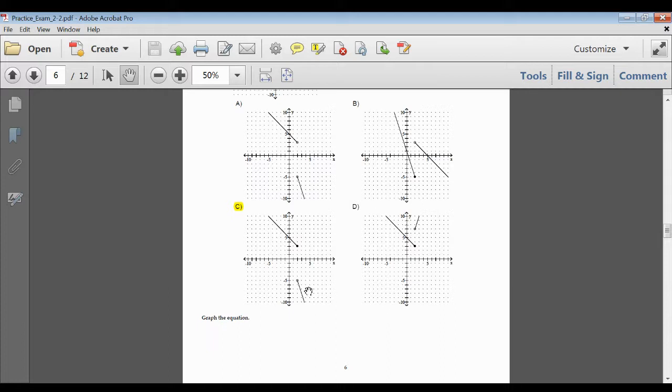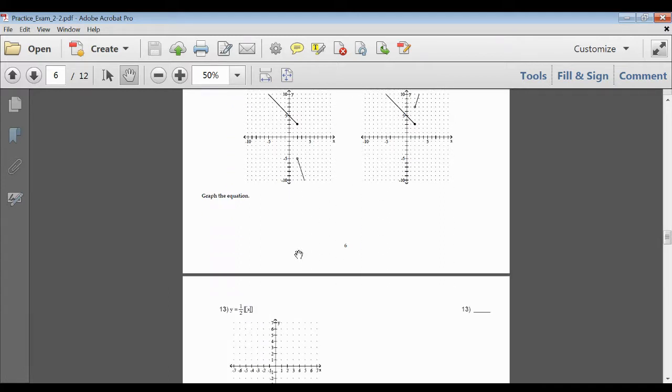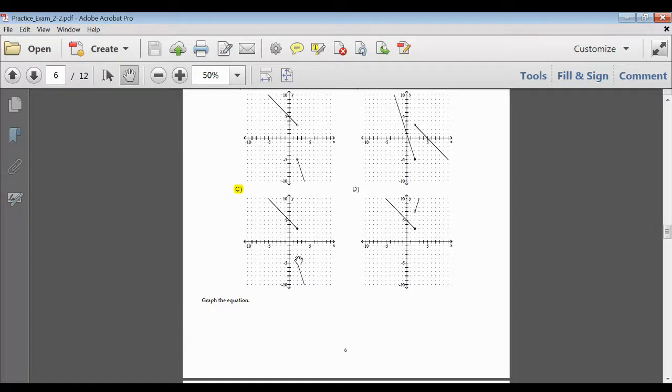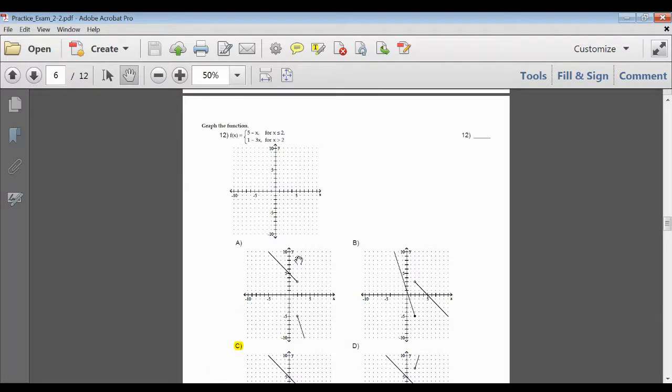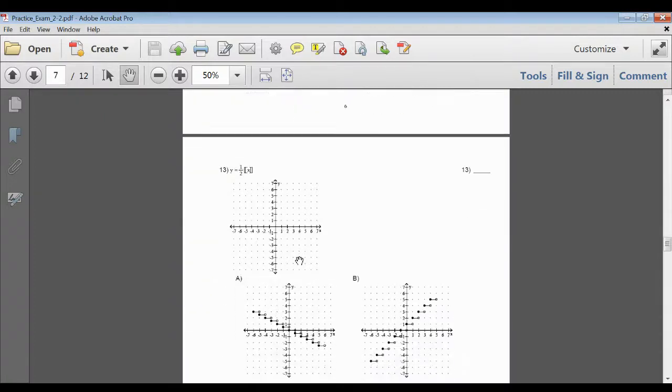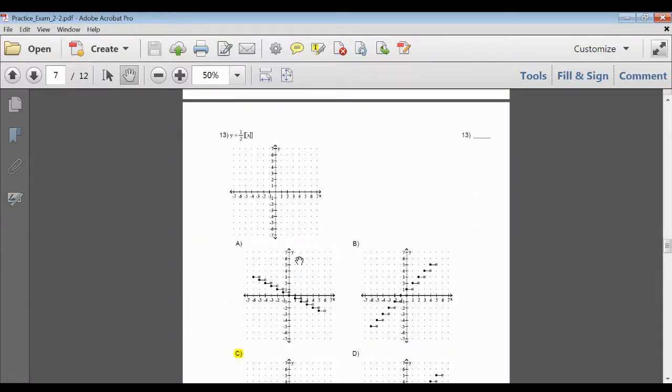You could take the time to do all of this in your calculator, but it's not going to give you open or closed circles. So you've got to know slope, whether the line slants uphill or downhill. The greatest integer function, you find it under the math menu. It's the int function. You would put a half and then use the greatest integer and put an x in there.